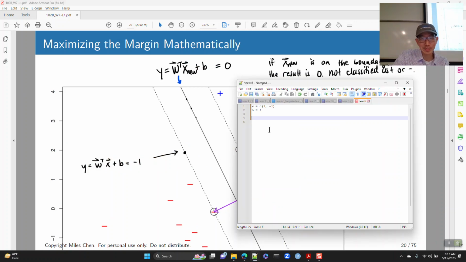And if we want to say w transpose x plus b is equal to 0, you want to think of what are all the points that are going to add up to this. So basically I need w transpose x equal to, in this case, -4.